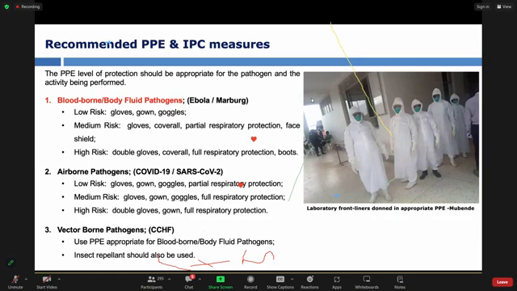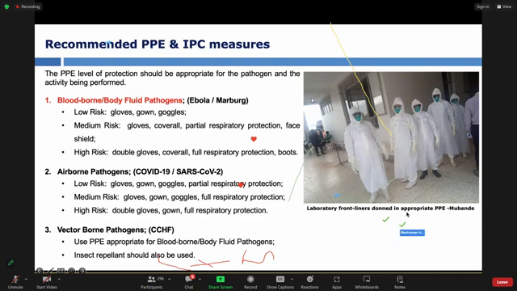PPE is at the lowest level, but it's also very important. Core PPE is a core requirement. It's primary. And we must know that PPE must be correctly fitted. You must have adequate training in order to use it properly and effectively. If this is not done, it can be an opportunity for exposure.